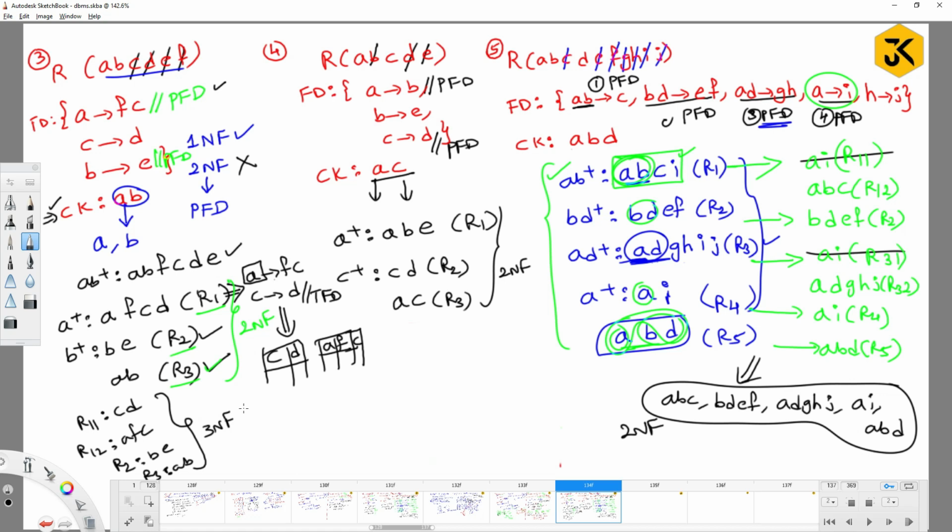Okay, now take the fourth one. We have already got the solution of 2NF. Now, is it free from the transitive functional dependencies? If you take ABE, A determines B, B determines C, B determines E is a kind of a transitive functional dependency. So we have to eliminate it, right?